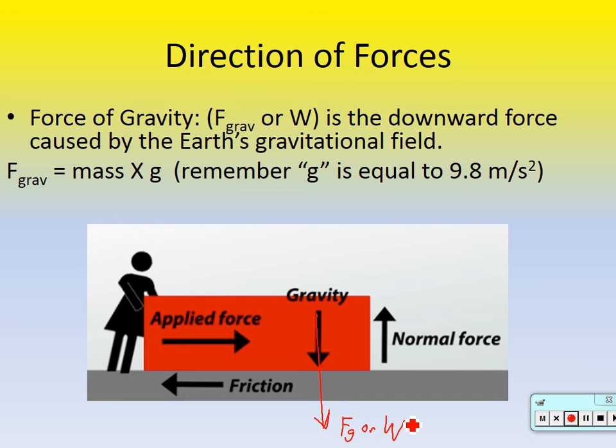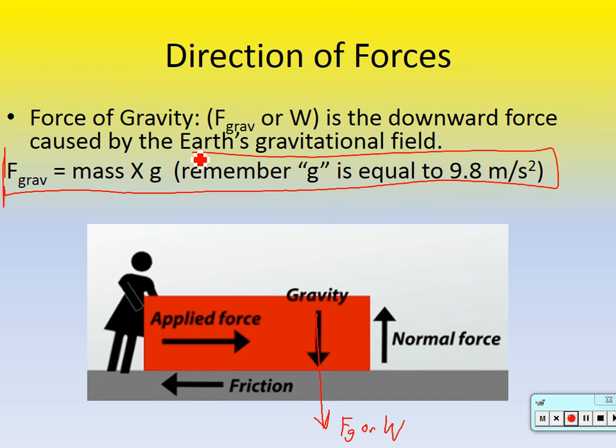Here's an equation that's going to be crucial to know. In fact, I'm going to put a box around it. Force of gravity. How do you find force of gravity? Well, you take the object's mass and you multiply it by g. Remember that g is the acceleration due to gravity, and on Earth, it's equal to 9.8 meters per second squared.